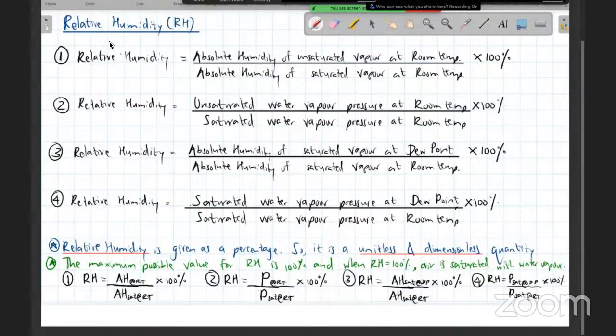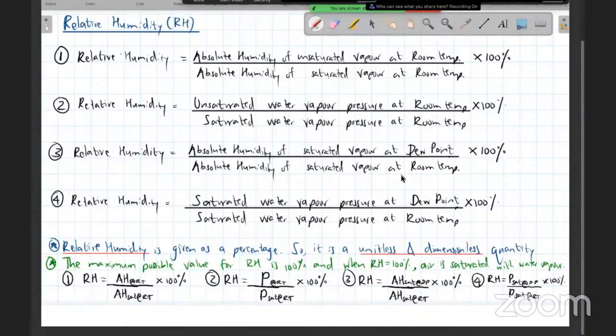I said that if you can remember the first one, the second equation is just a matter of changing absolute humidity with water vapor pressure. And then the third equation was about both being in the saturated state, but one is at dew point temperature and the other one is at room temperature.